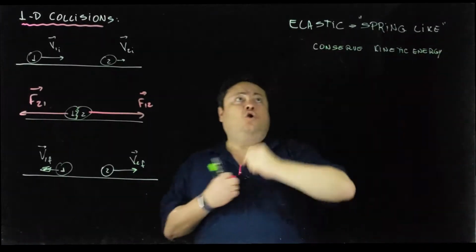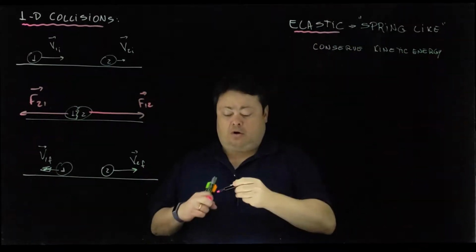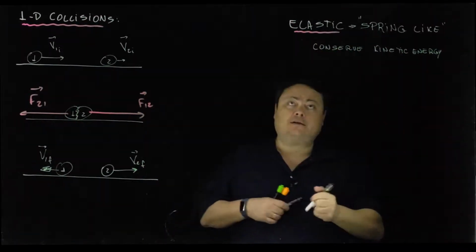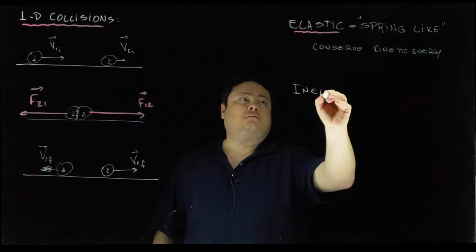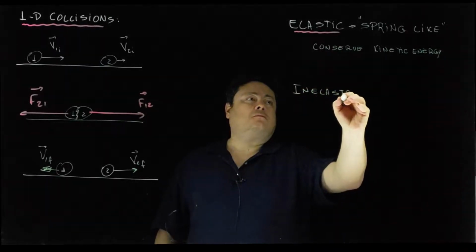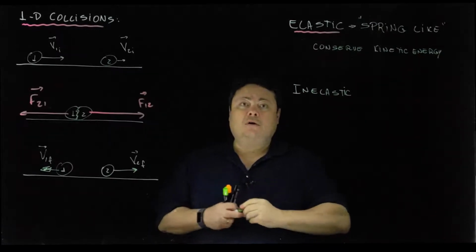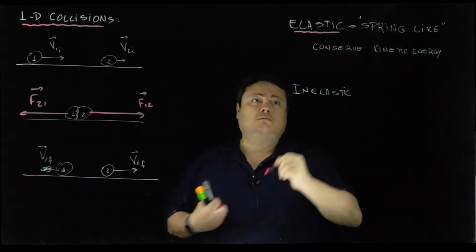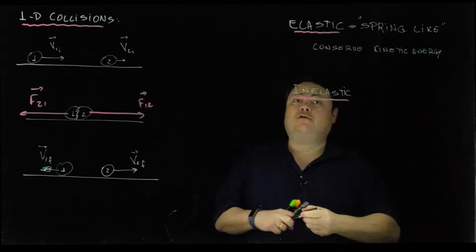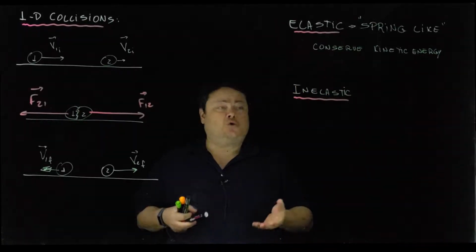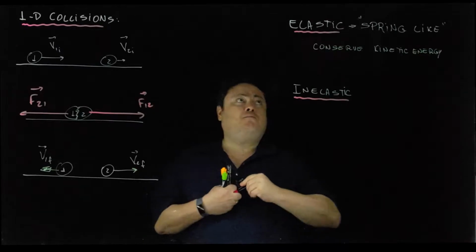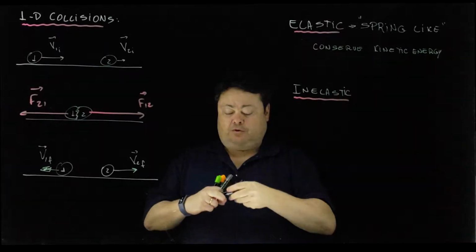A non-elastic type, or what we usually call inelastic, will not conserve kinetic energy. The inelastic type could be, for example, the Play-Doh style. Oops, wrong pen.